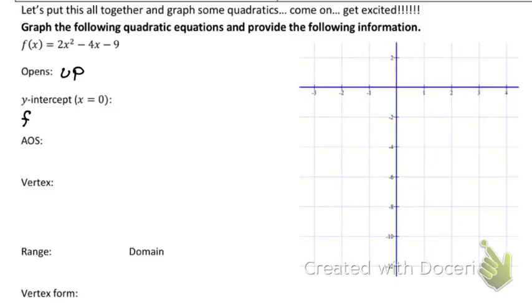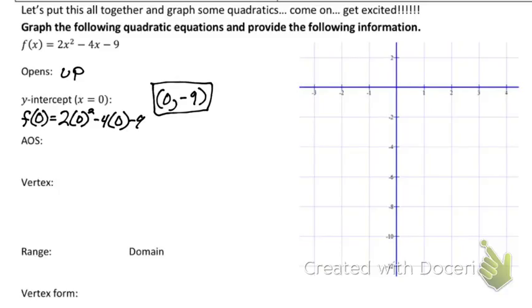So real quick, and why this is super easy, well, f of 0 is just going to be 2 times 0 squared minus 4 times 0 minus 9. 0 squared is 0. 4 times 0 is 0. Almost all the times, you're just going to be left over with this number here. So your y-intercept is, most of the time, whatever your c value is, in this case, negative 9.